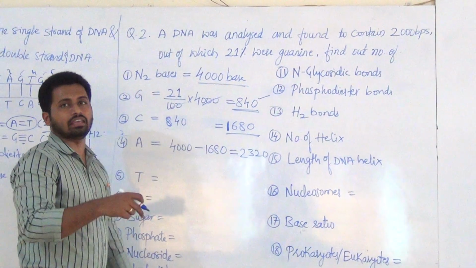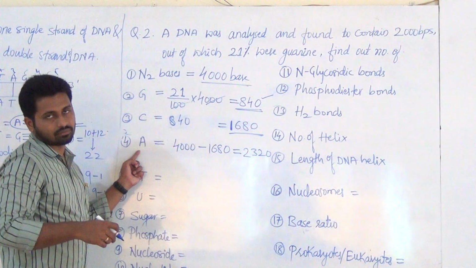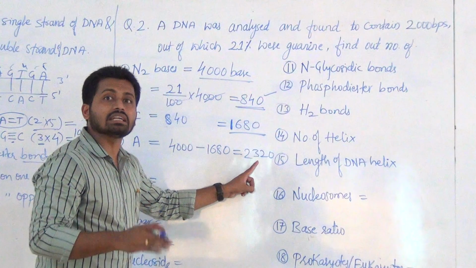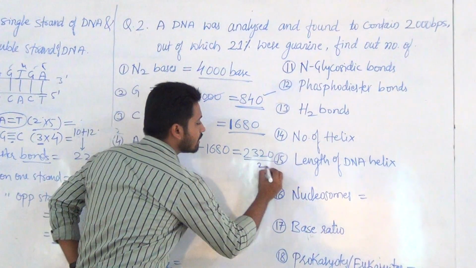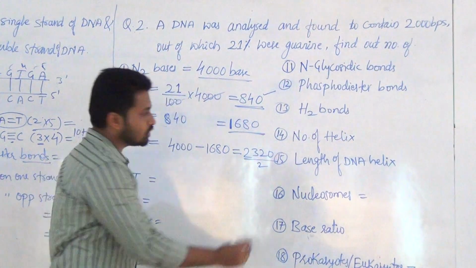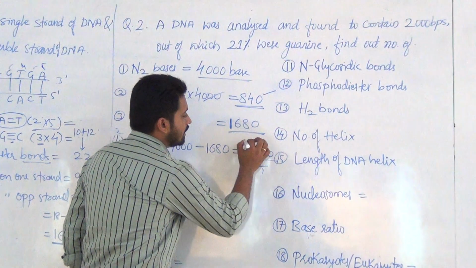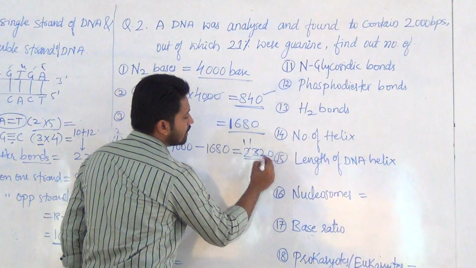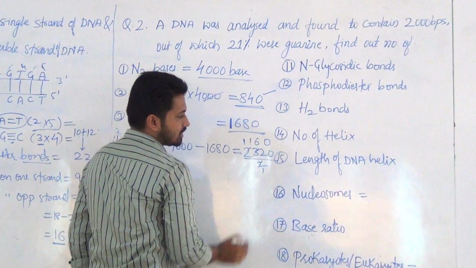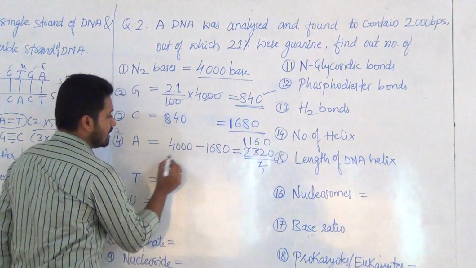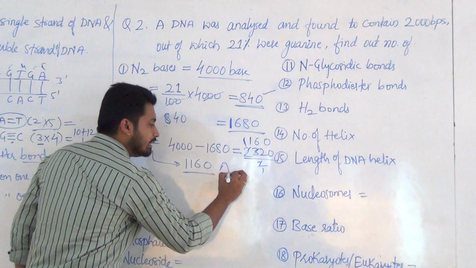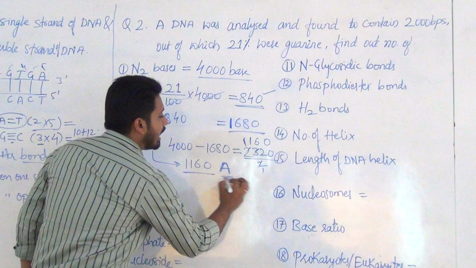But they are adenine plus thymine. What we want to calculate is only adenine, so we have to make it half. Half of 2320 is 1160, which is adenine only.